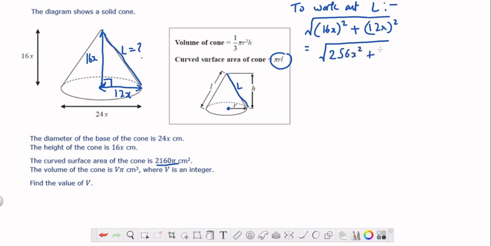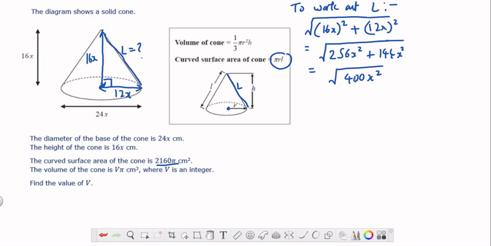Right, 12 squared is 144 x squared. So we can simplify that a little bit more. 256 x squared plus 144 x squared gives you 400 x squared. I've just simplified what's under the square root symbol.